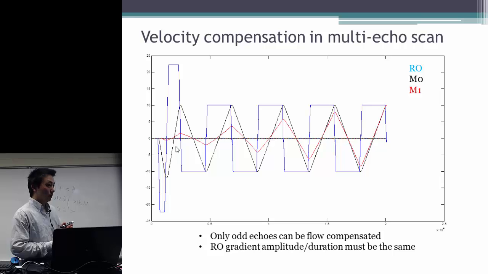It will be 0 for the odd echoes if the first echo by itself is already flow compensated. But this value will not be 0 for the even echoes. You can simply do a calculation on this.